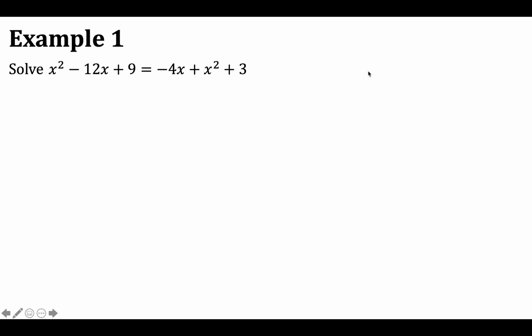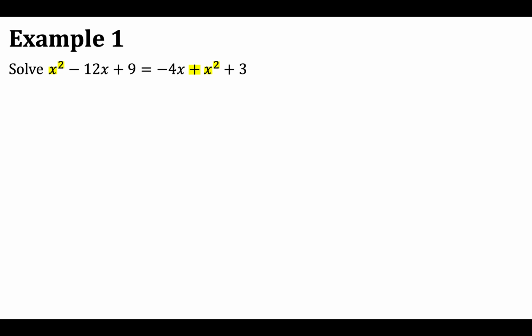So let's look at example 1. We're being asked to solve x squared minus 12x plus 9 equal to negative 4x plus x squared plus 3. Now, we have already solved equations with variables and constants on both sides of the equation, but I suppose what's different here is this x squared term.